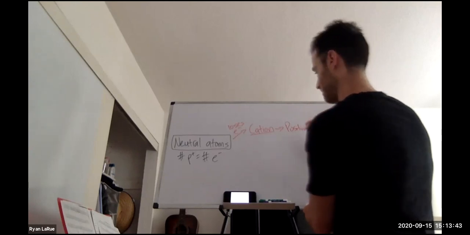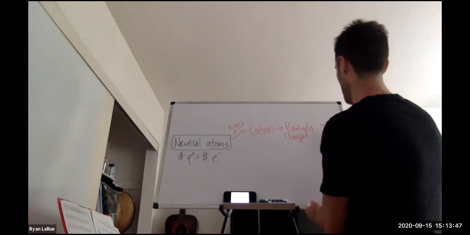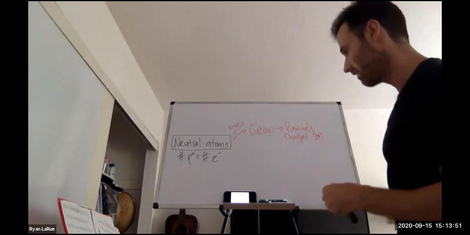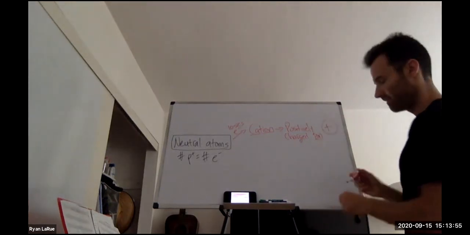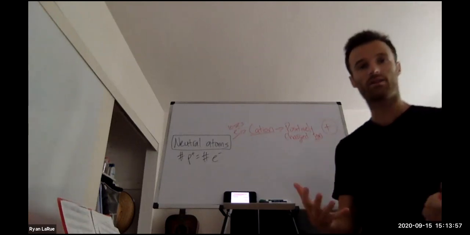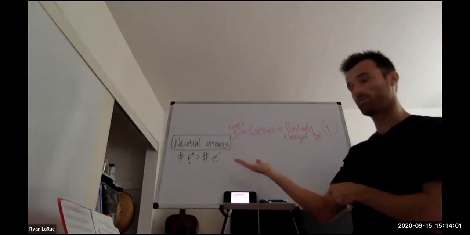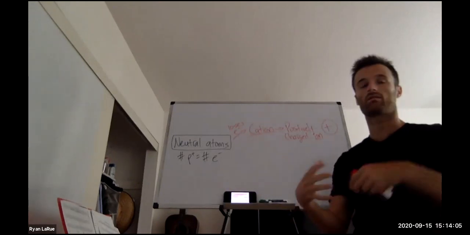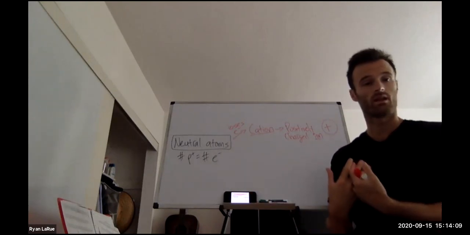Positively charged ion. So an ion, so I'll just put a plus here. An ion is an atom that either loses electrons, and then we're going to be talking about the opposite situation where a neutral atom will gain an electron.